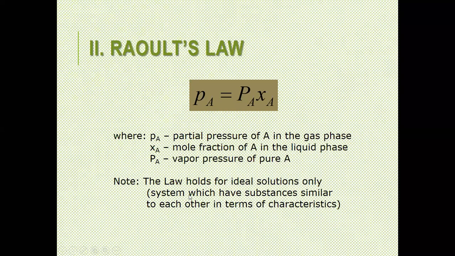So the physical and chemical behavior of the components of the system should be more or less the same for such a system to be considered as an ideal system. If the problem does not specify that your system is ideal, you are not allowed to assume that your system is ideal, because you have an alternate equation that you can use if Raoult's law is not applicable.